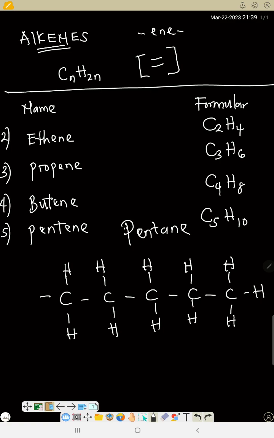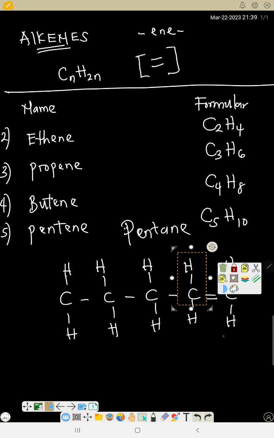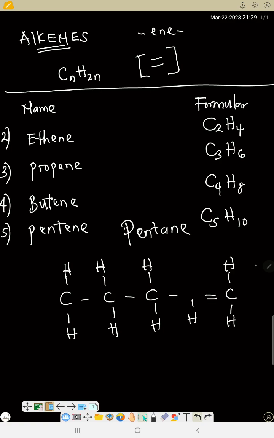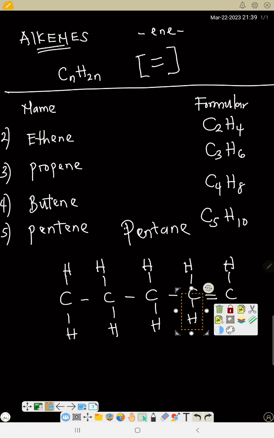But C5H10 now is this, but this is not correct because carbon must have 4 bonds. So just place 1 bond. So if carbon should have 4 bonds, then remove 1 hydrogen. If you like, remove the up one. If you like, remove the down one. Anyone is allowed. So like that, this is pentene.